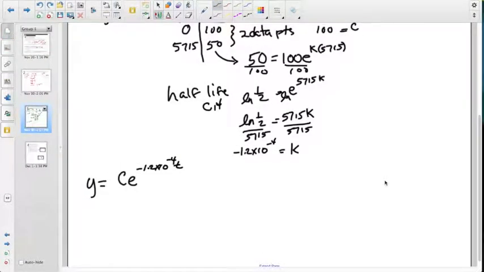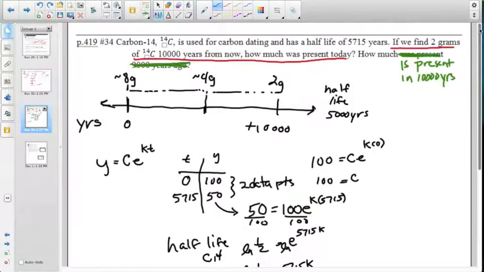Now, considering the question that if we have 2 grams of C14 in 10,000 years, how much is present today?